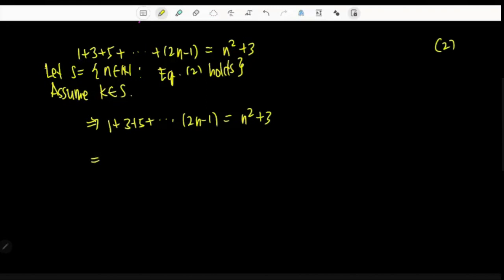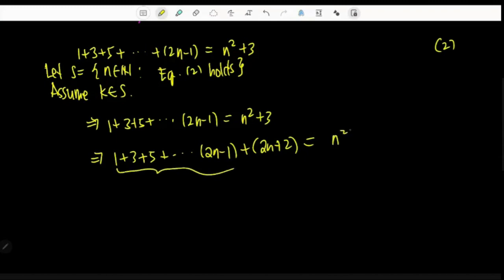This tells us that if we add another integer, these are the sum of the odd integers, so the next odd integer is 2n plus 1. So the first group is equal to n squared plus 3, right? And then plus 2n plus 1.